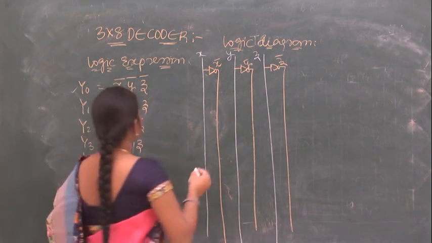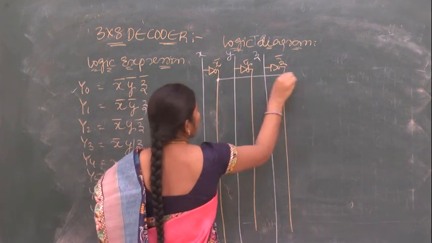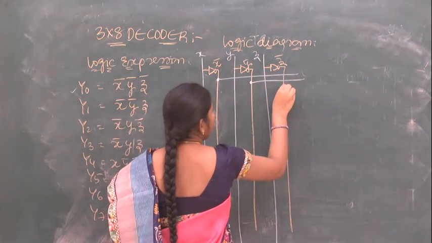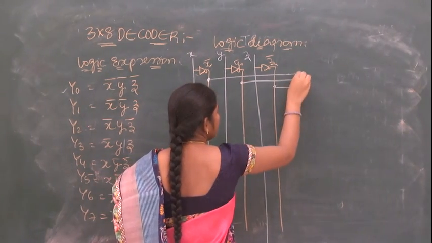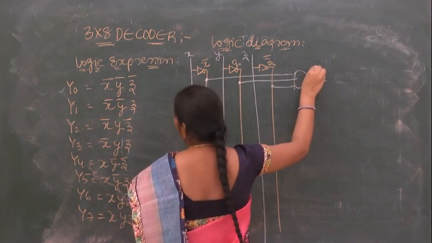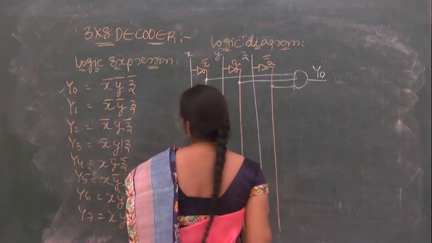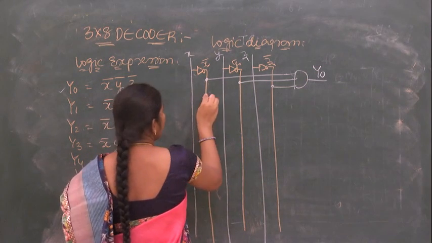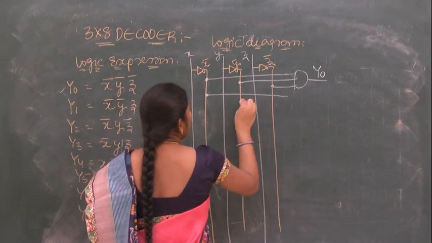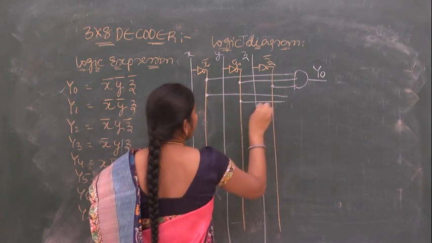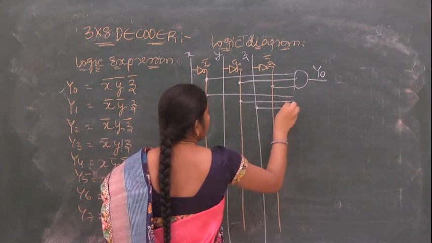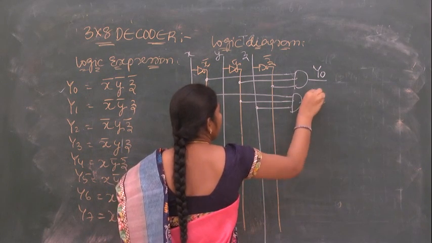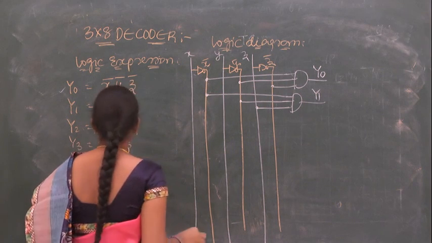First one is Y0, which is X bar, Y bar, Z bar. Give it to one AND so that you will get Y0. Y1 is X bar, Y bar, Z. Give it to one AND to get Y1.